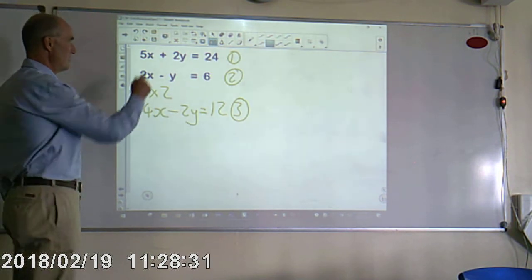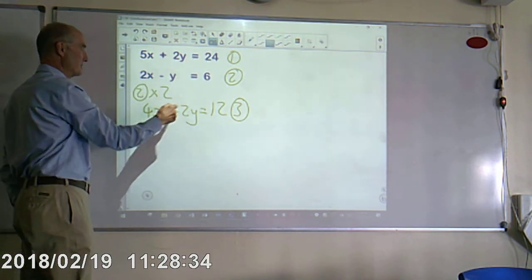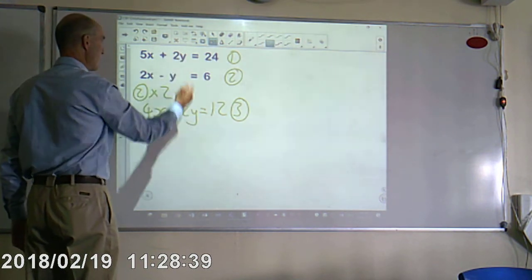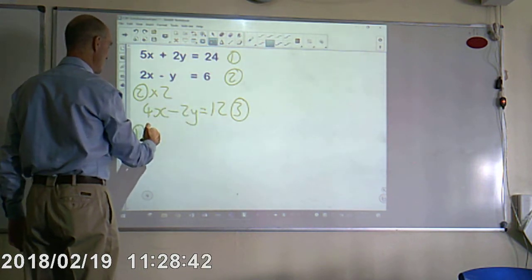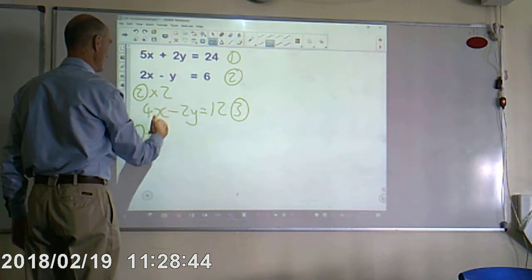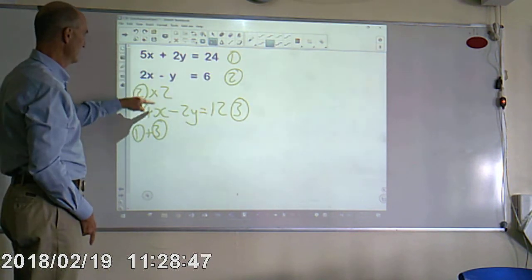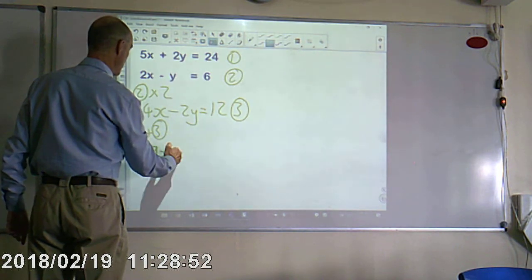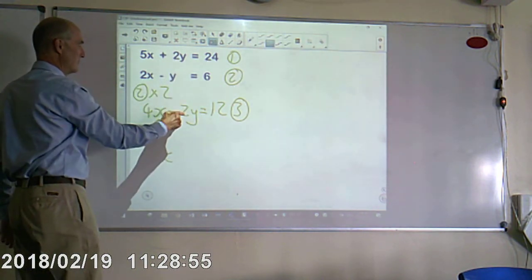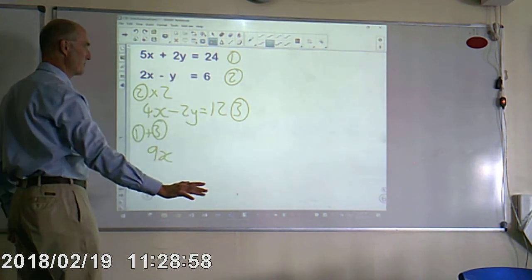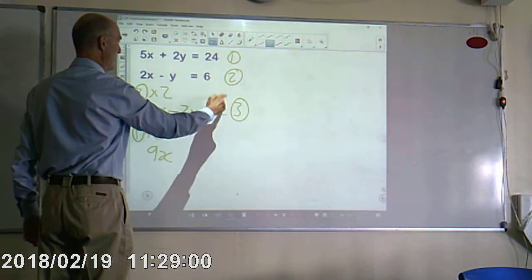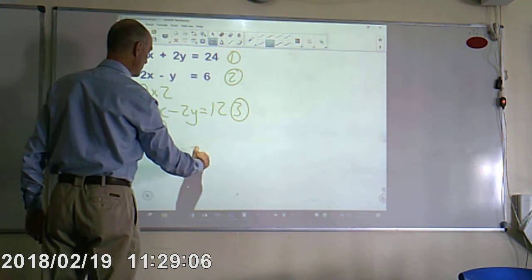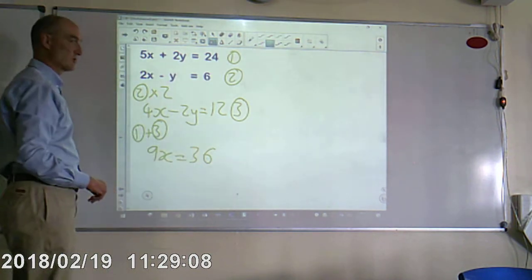Now what do I do? I add equation 1 to equation 3. That will get rid of my y terms. So equation 1 plus equation 3. 5x added to the 4x gives me 9x. 2y and a negative 2y gets rid of my y's. 24 added to 12 gives me 36. 9x equals 36.